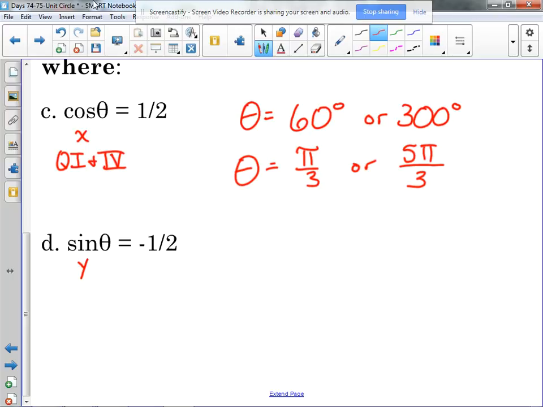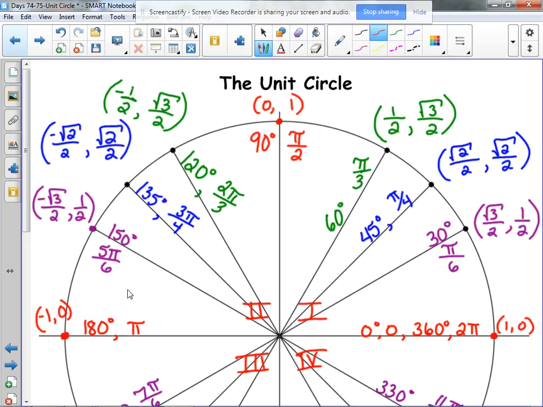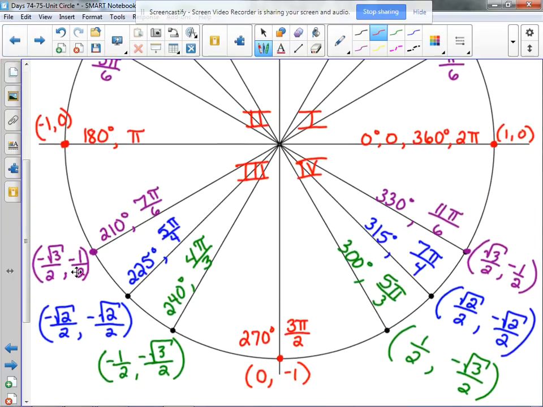The sine of theta, sine is the y-coordinate, is -1/2. Y-coordinates are negative down below on the bottom, so that is quadrant 3 and quadrant 4. So in quadrant 3 and quadrant 4, let's look for where the y-coordinate is -1/2.